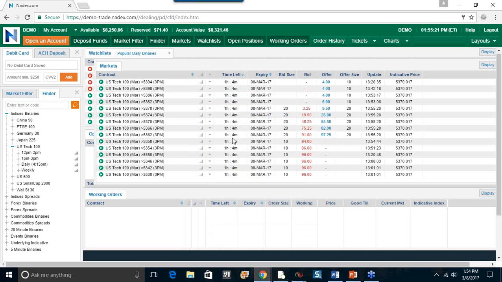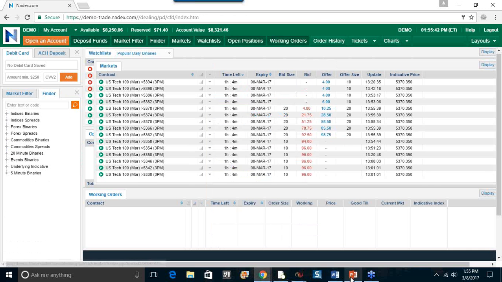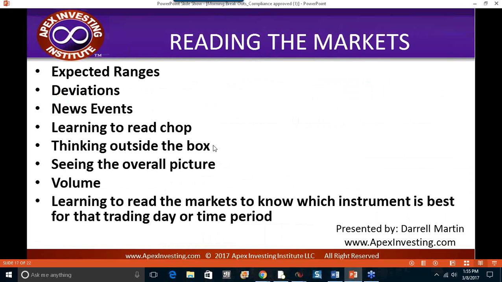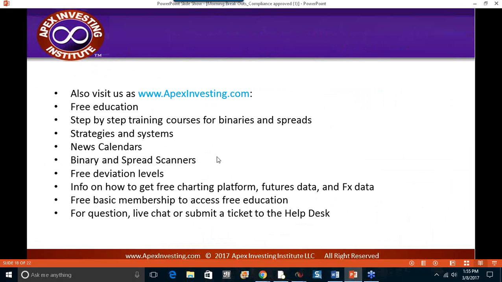You can take advantage of the moves of the market and in and out. And again, there's so many different ways to take advantage of this. Okay? So again, I hope you guys can see that potential setup and ways to take advantage of it, and how to compare your different options with Nadex binaries and spreads, and looking at your different floors and ceilings, reading the market and thinking outside the box.